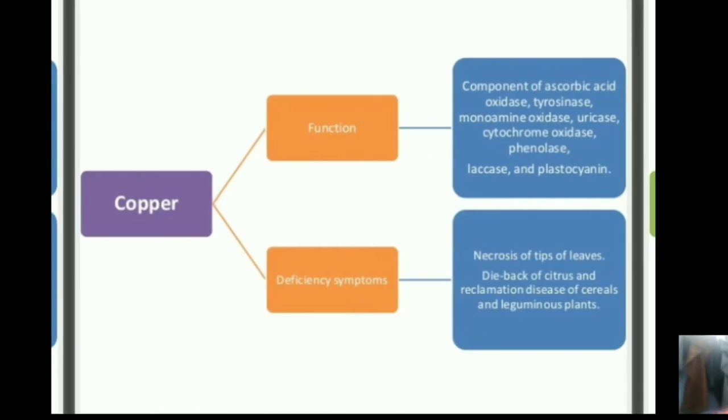When we observe the copper functions, copper is the component of ascorbic acid oxidase, tyrosinase, monoamine oxidase, uricase, cytochrome oxidase, phenolase, lactase, and plastocyanin.